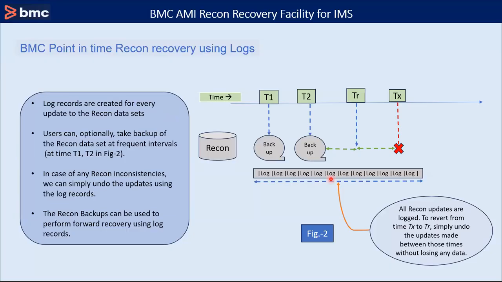So in the same scenario as the earlier slide, you took a backup of the RECON at time T1 and T2, and at time Tx we ran into some problem and we want to roll back to time Tr. Now here, since we have log records for every update that has taken place to the RECON, we can just take the current RECON and back out all the updates starting from time Tx, going backward up to time Tr.